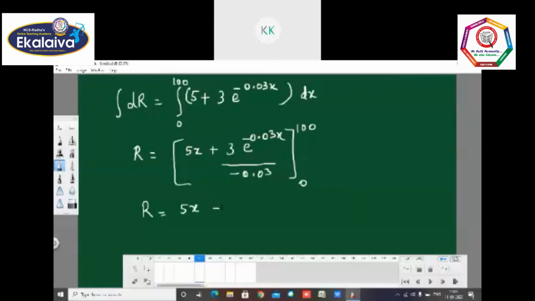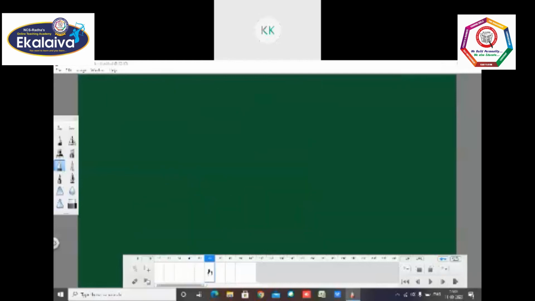So R equal to 5x plus 3e power minus 0.03x by minus 0.03. The limit is given. What is the limit? 0 to 100.